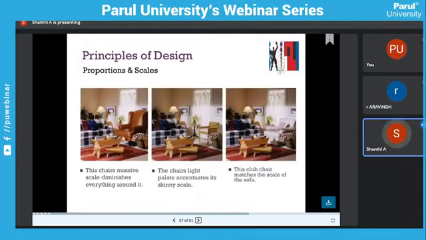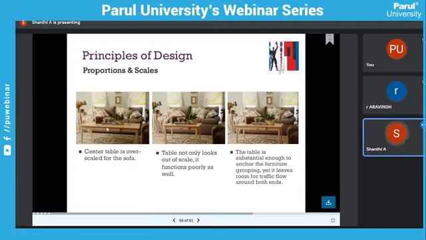They have given a similar image, so we have to identify where the proportion is handled in such a way as to create an attractive design. Here, this chair, and this chair, and this chair are all going to be used by human beings, but still they have changed the proportion of these three things and created a different design.